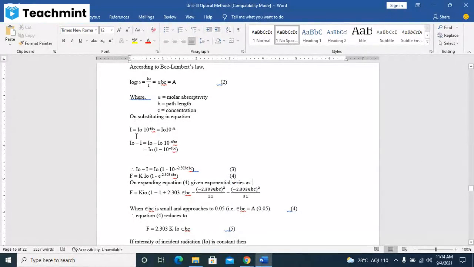See here, I is equal to I0 10 raised to minus epsilon BC, which is equal to I0 into 10 raised to minus A.